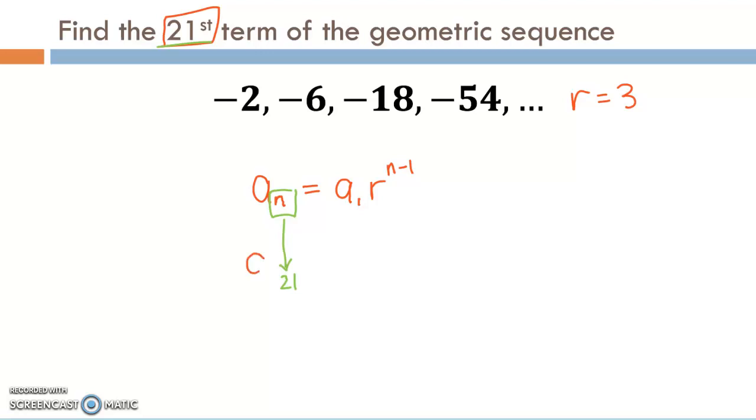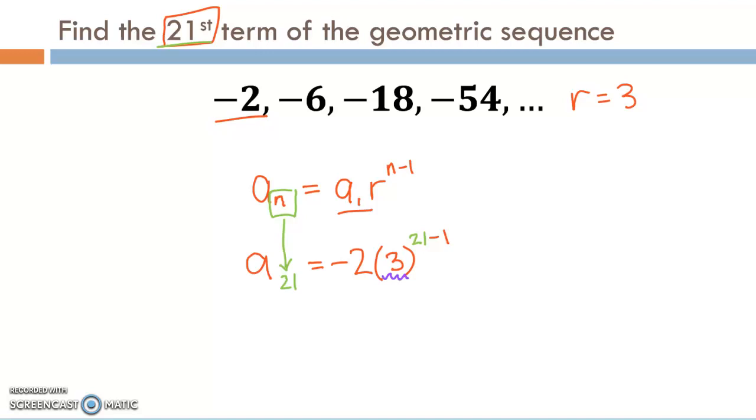So I have my 21st term, or a sub 21, is equal to a1, which is -2, times my common ratio, which is 3, raised to the 21, that's n, minus 1. So again, where are these coming from?